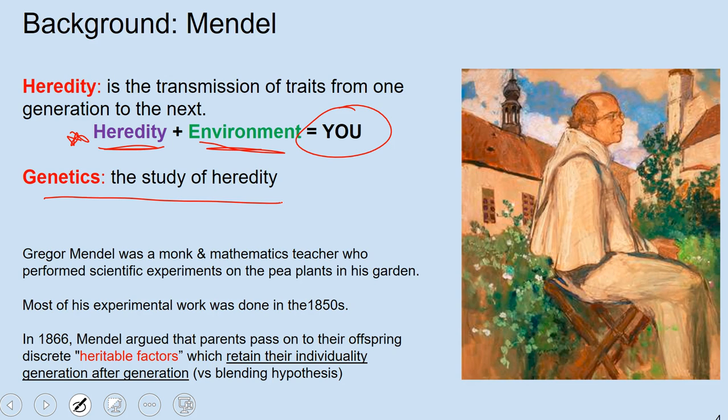In 1866, he argued that parents pass on to their offspring discrete heritable traits, which retain their individuality generation after generation. Previous to that, it was considered that all our traits were a blending of the parents, rather than individual traits being expressed or not expressed.